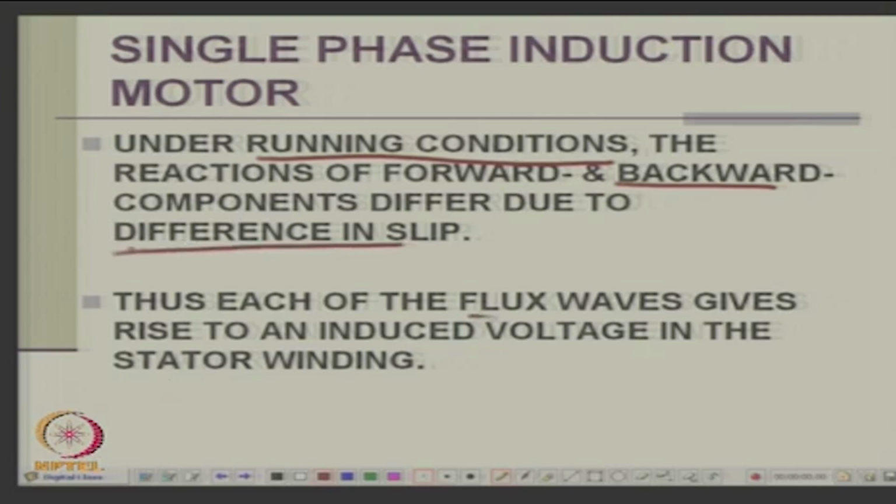So, for each of the flux waves, therefore, there will be one forward resultant flux wave, one backward resultant flux wave, and each of them will induce a voltage in the same stator winding, same stator winding. So, each of the fields will induce a voltage.